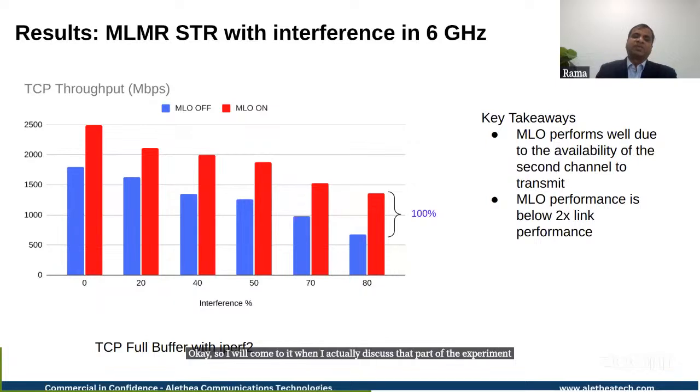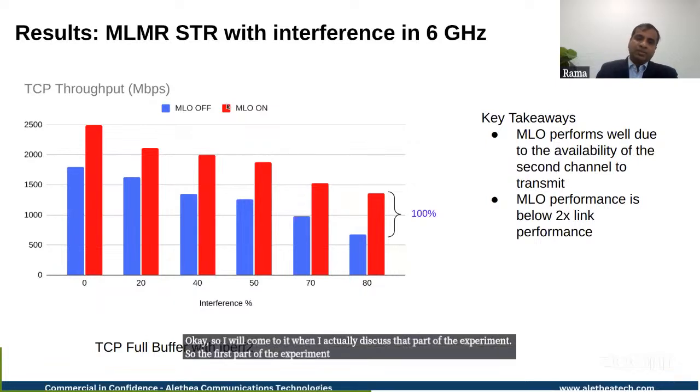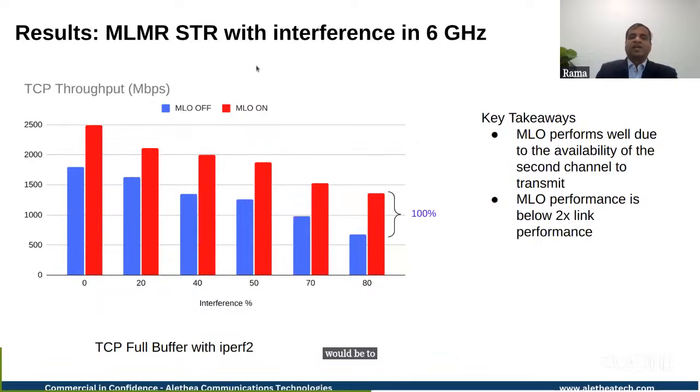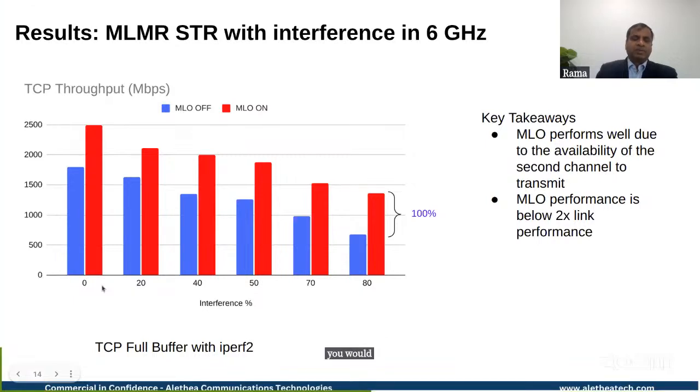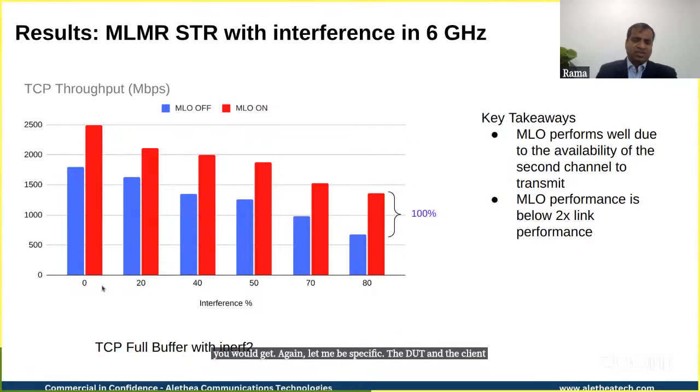So the first part of the experiment would be to actually do MLMR STR with interference in 6 gigahertz. At 0% interference, this is the kind of throughput value you would get. Again, let me be specific. The DUT and the client are at some distance in the chamber.